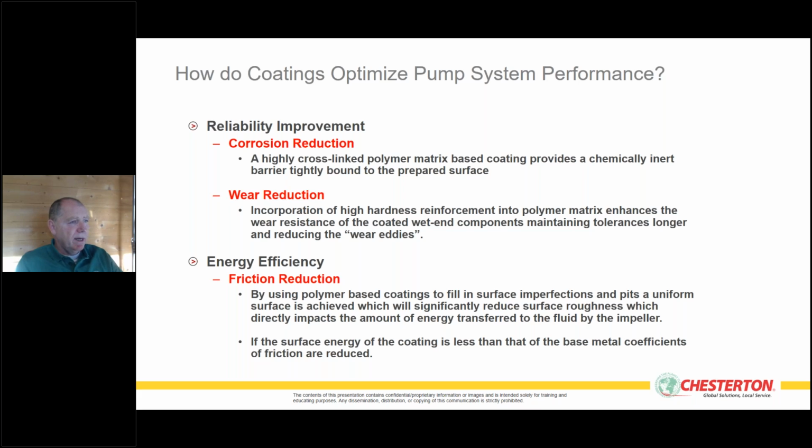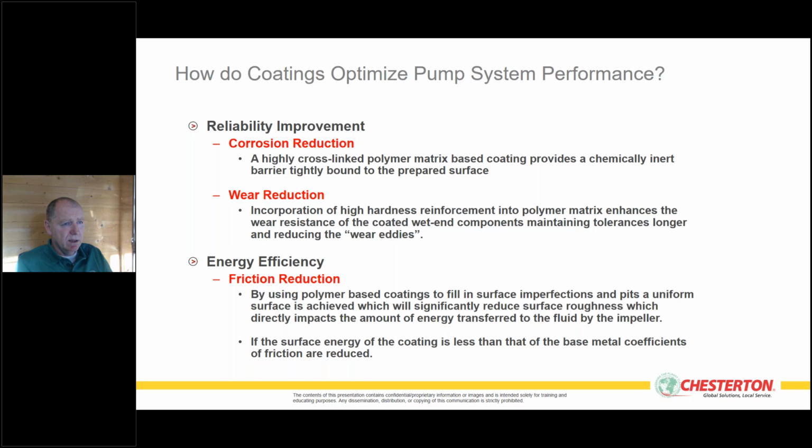And to provide materials that can help not only improve reliability, we spoke a little bit about this in the previous seminar, where we can offer materials and polymers that can avoid or reduce corrosion, and also help reduce the amount of wear. But in this particular scenario, we're talking about energy efficiency, and that's primarily achieved through a reduction in friction, using coatings that have a lower coefficient of friction or surface energy compared to an uncoated metal or alloy surface.